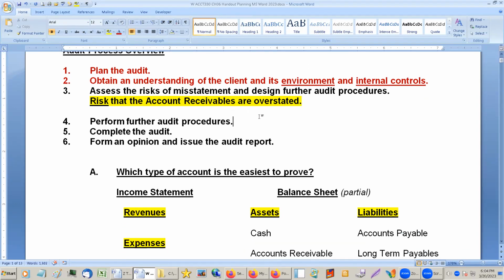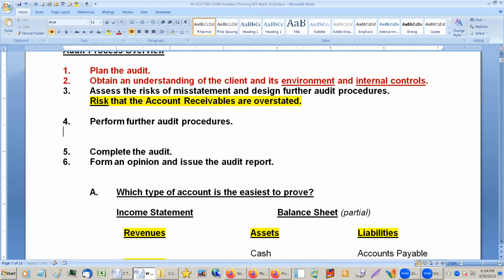So you go, okay, well, what procedures do we have for that? Maybe you might do some classical sampling, and do, let's say, ratio estimation, to see if those accounts receivable are overstated.